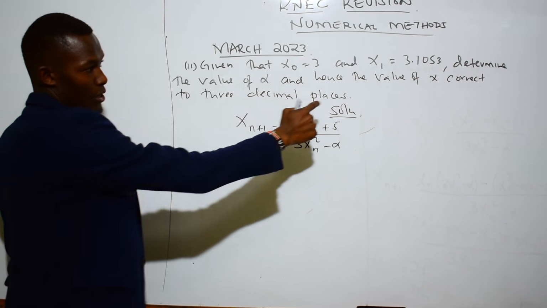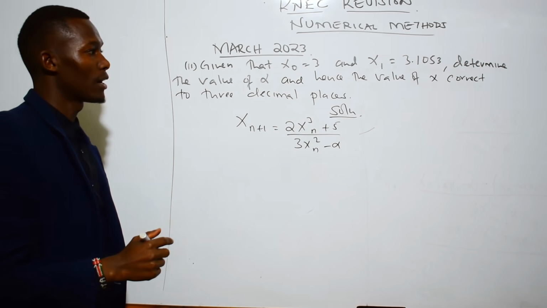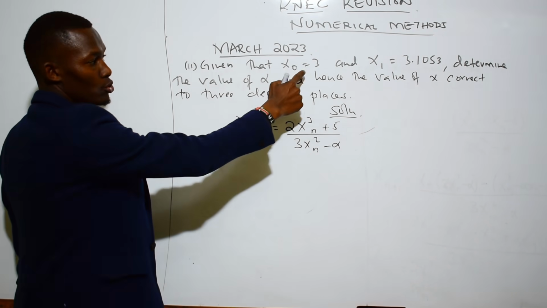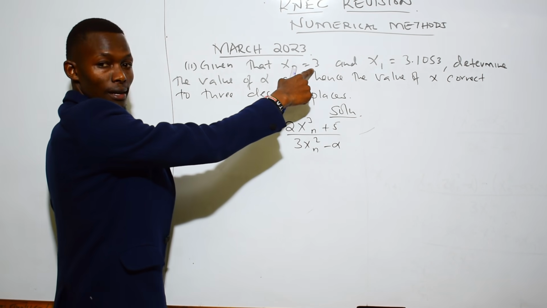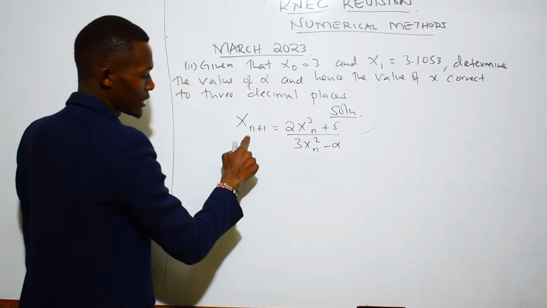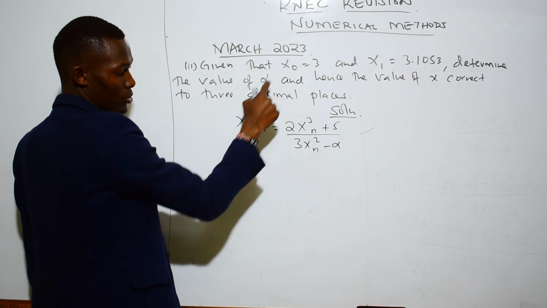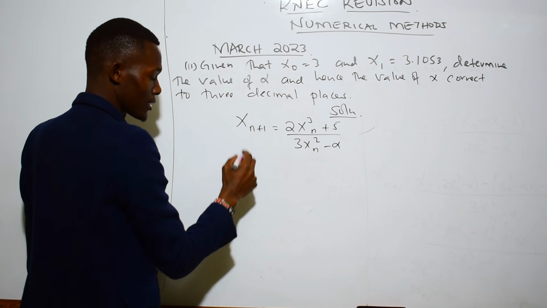So what do we mean? For you to get the value of x1, which is 3.1053, you had used 3 as your first approximation. So if this is 0, then plus 1 gives us our x1 in short.